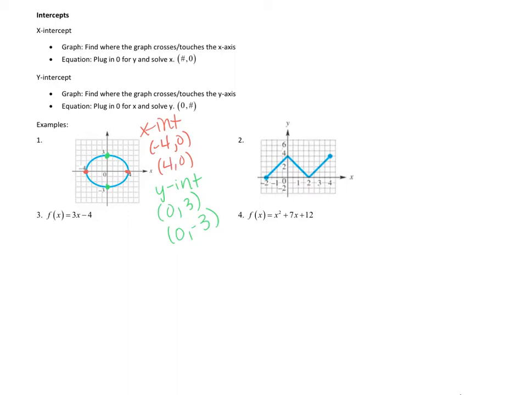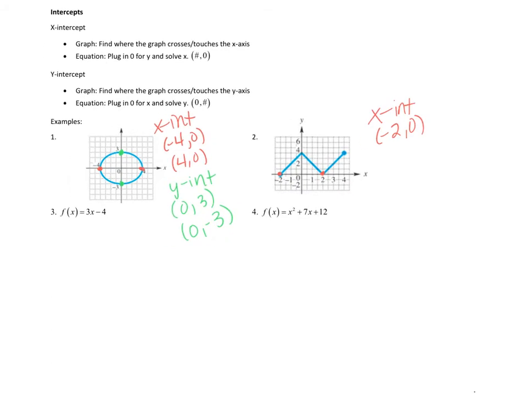Let's look at the next example. Again, to find the x-intercepts, we're going to look at where the graph crosses or intersects the x-axis. The first x-intercept that I'm going to see here is at the point (-2, 0). And the next time it's going to cross or touch the x-axis is at (2, 0). So I'm going to have two x-intercepts.